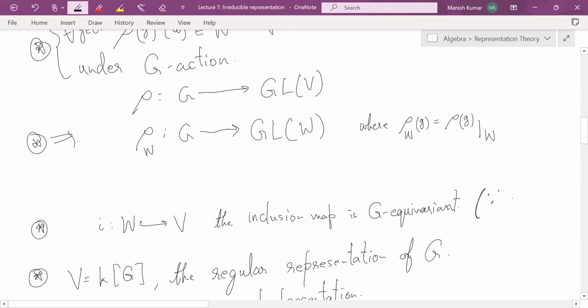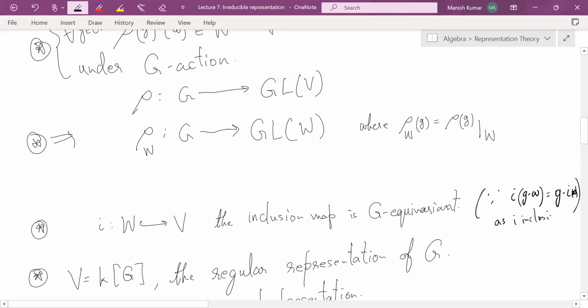To check that, we have to check that I of G dot W is G dot I of W. But I is the inclusion map, so this is saying G dot W is G dot W, as I is inclusion.